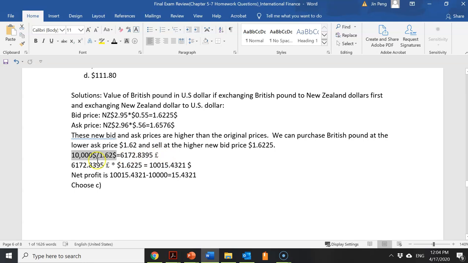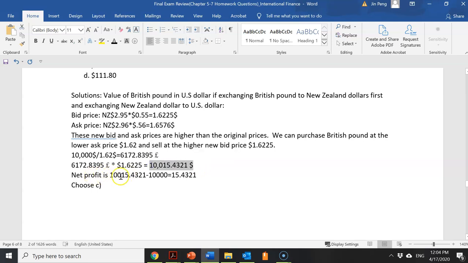And then we can sell these British pounds at the higher new bid price into US dollars. So we multiply by 1.6225. So we have $10,015.4321 US dollars in total as our ending balance.